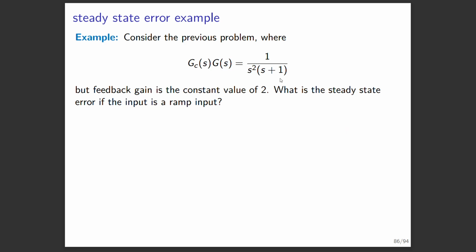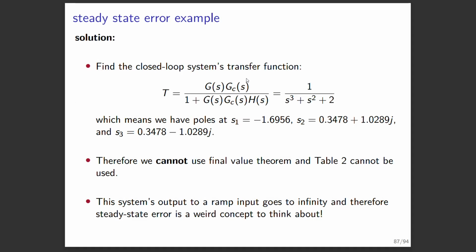Okay, consider the previous problem, but the feedback gain is the constant value of 2. So rather than having a unity feedback, now we have a feedback with a value of 2. What's the steady state error to the same input? Well, we should find the closed loop system's transfer function. We do that, and we are going to have this transfer function.